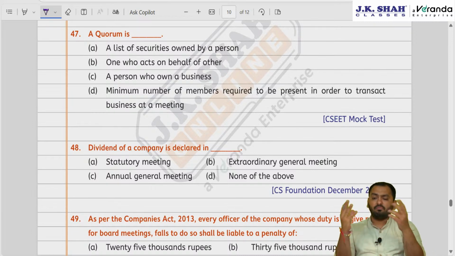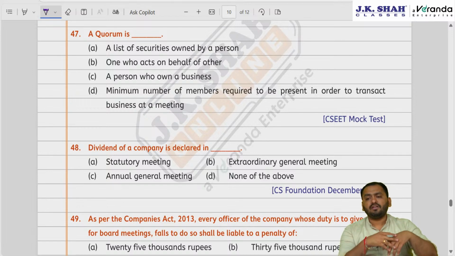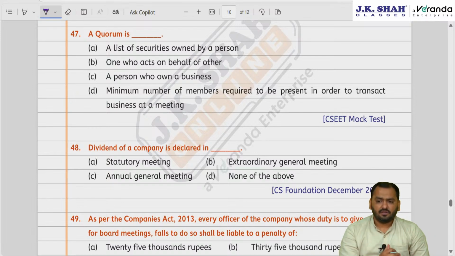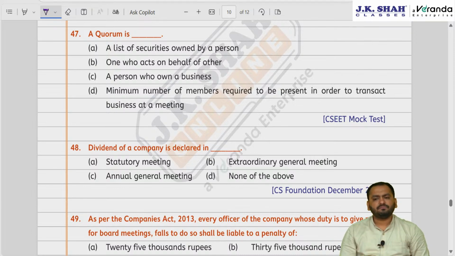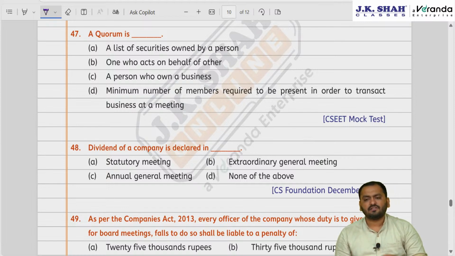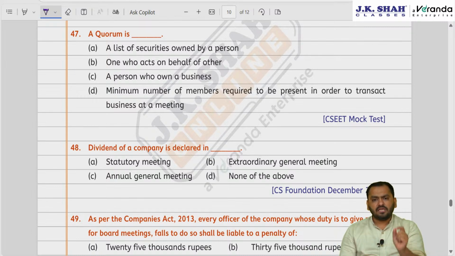Like there are so many directors in the company, but when the meeting was conducted, only a few members came. So can we start the meeting with such few members? The answer is, you need to see the quorum first. Quorum means the minimum number of members required to be present to start the meeting.